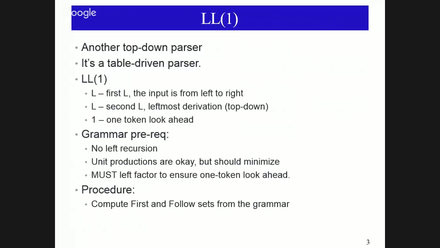The name is always really interesting. Actually, of the two L's, the second L is the more interesting one. The first L was sort of given. I don't know why it's there. The first L says the input is read in from left to right. This is not like some Asian language or something.